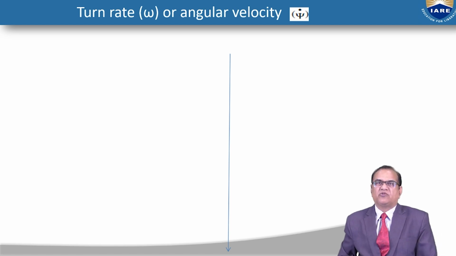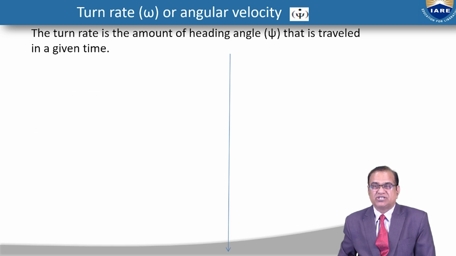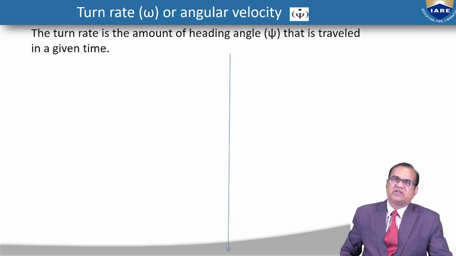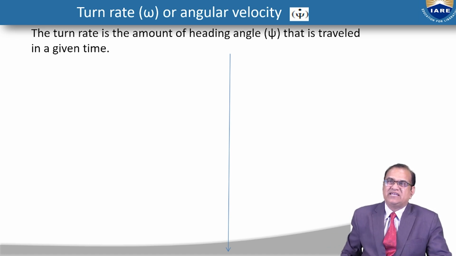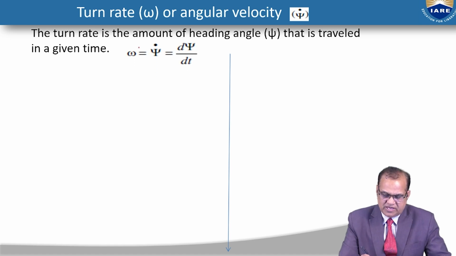Now I will discuss the turn rate omega, or the angular velocity psi dot. The turn rate is the amount of heading angle psi that is traveled in a given time. So this omega is equal to turn rate. It is psi dot, d psi by dt.